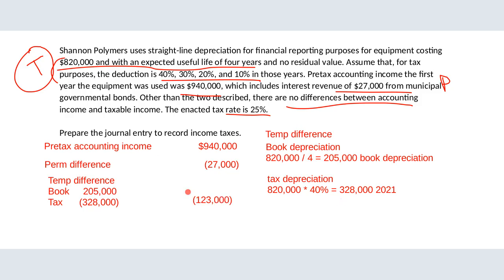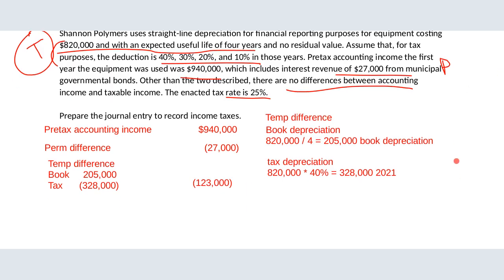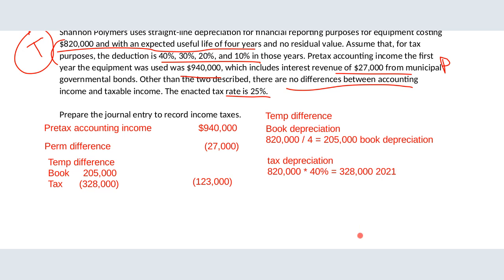What do we have as a result of this temporary difference? Do we have a deferred tax asset or a deferred tax liability? We have a DTL, yes, okay?